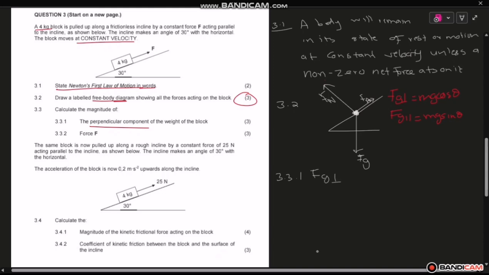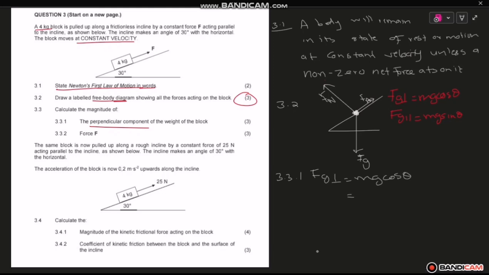Therefore, Fg perpendicular, because they say perpendicular, is mg cos theta. You substitute the values: m is 4, times 9.8, times cos 30. You just punch this in your calculator. It's 33.95 Newton. Remember, this is a force. I hope you understand that weight is a force. This is how you solve it.